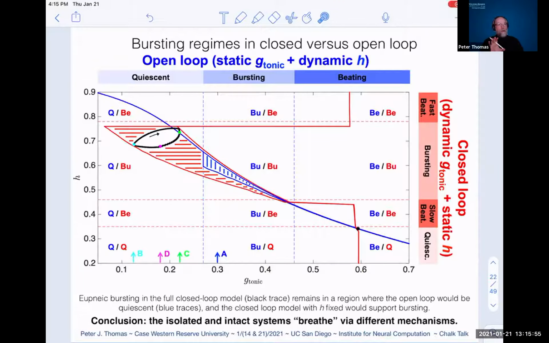With a pre-Bötzinger complex slice, we simulated the parts of the system that represent the lungs and gas exchange and the chemosensory feedback, the other parts of the model that we added to make the closed loop, and injected the corresponding current representing G tonic into the cells in the pre-Bötzinger complex. We were able to show that we got the eupneic breathing, the normal breathing patterns, through that closed loop model in a way that was consistent with what we see in the computational model.